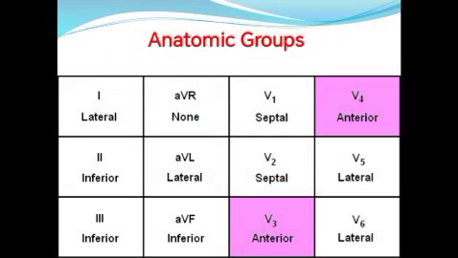This is the anterior with the purple color, V3 and V4, and lead 1, AVL and V5, V6 for the lateral. And the green color here is the inferior, leads 2, 3 and AVF. That is the anatomical grouping, the whole of them.